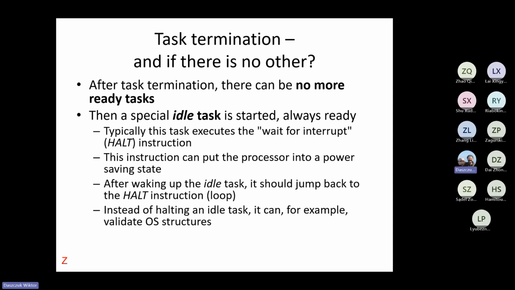What process to run? We have 3 current tasks, no ready tasks, 3 processors, and one of those tasks decides to terminate. What to run on this processor? Who knows?